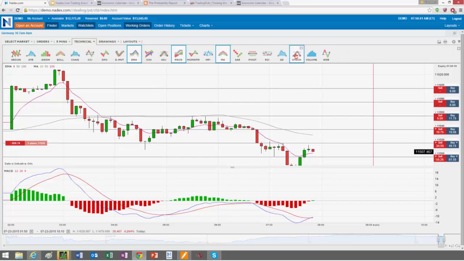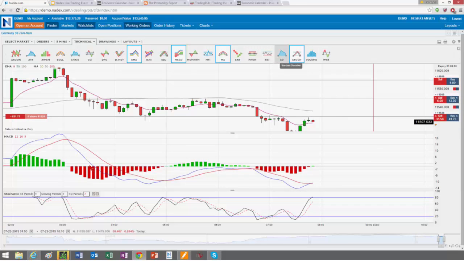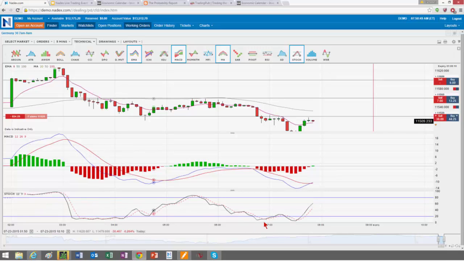I can pull up the stochastics that I mentioned earlier, and I set them on 12, 3, 3, and it tells me that we are moving from oversold up into overbought territory, but we still have a little ways to go here. MACD is crossing over bullish. So it looks like on a 5-minute chart that we might actually run up a little bit.